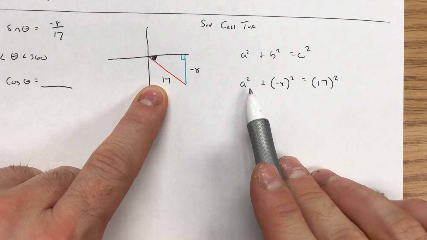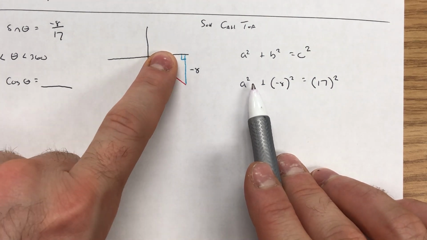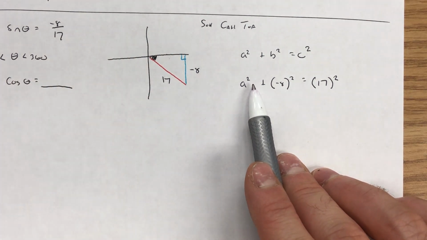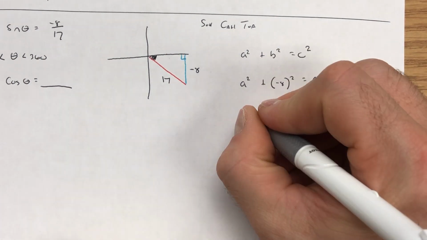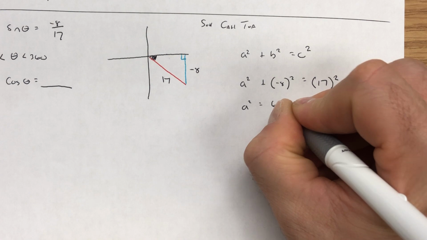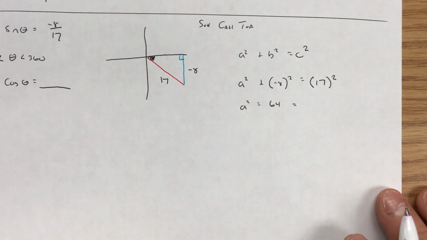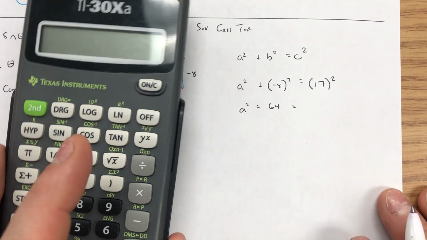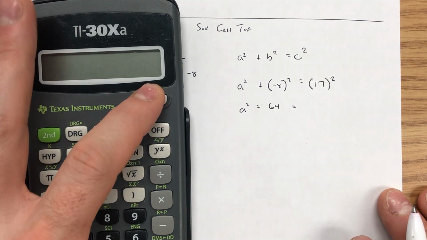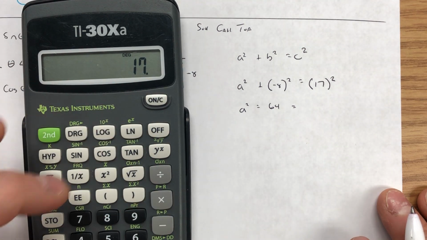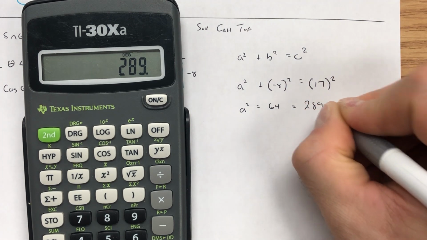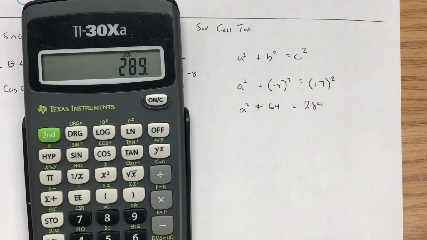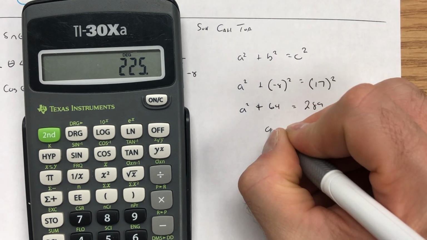So all I need to do is solve for a. I'll figure out that length, and then I can plug it into my function over here. So negative 8 squared is 64. 17 squared, well, I'm not necessarily familiar with my 17 squares off the top of my head. So 17 times 17 is going to give me 289. That should be a plus. So I take 289, I subtract my 64, I get 225.